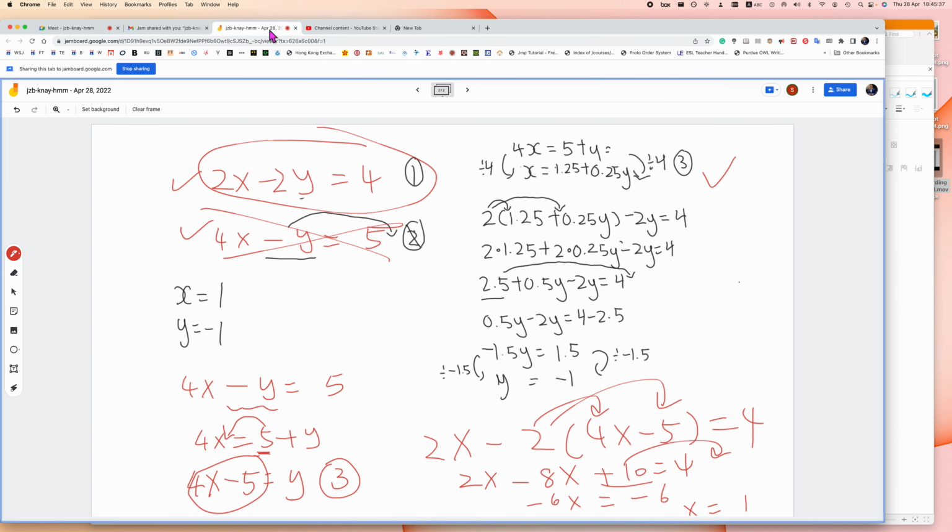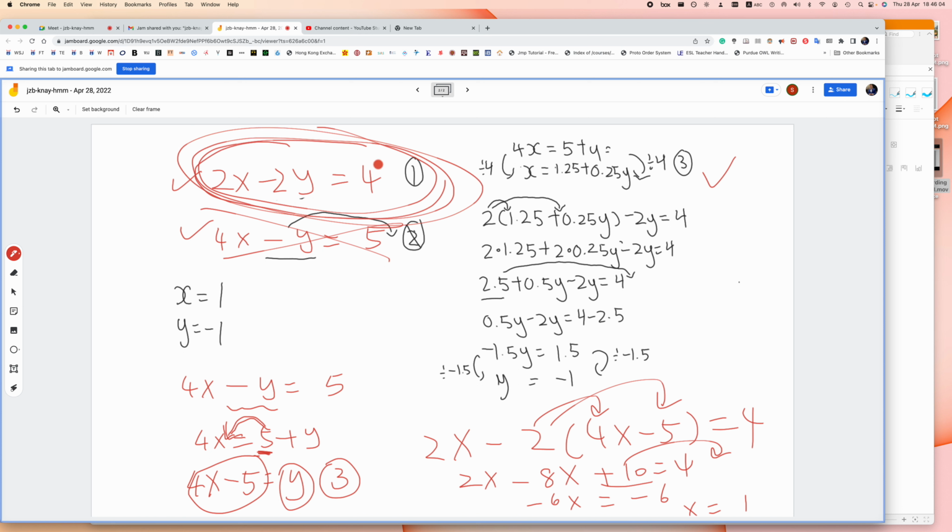So what I'm trying to say is you need to be flexible about doing things. Over here, you can see that you have a 5 plus y here. So you can always ask yourself, it looks like I just need to move the 5 over, and I end up with the y already. Same thing at the start, you started with this.